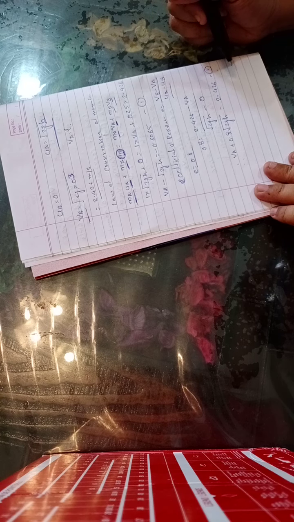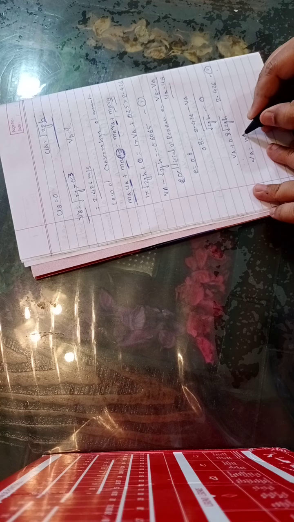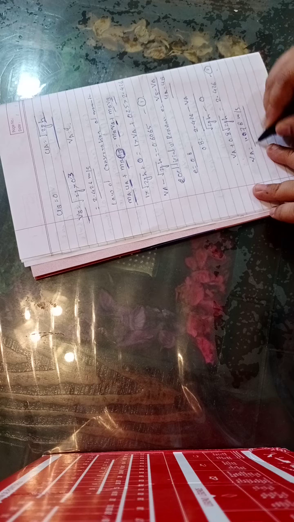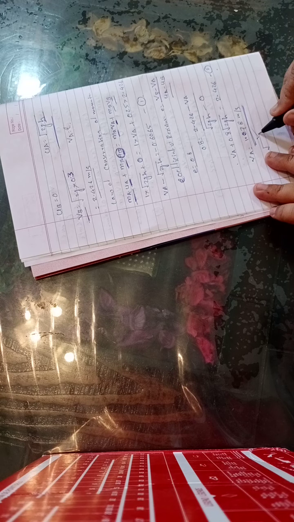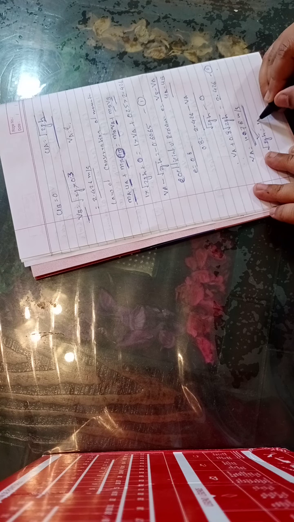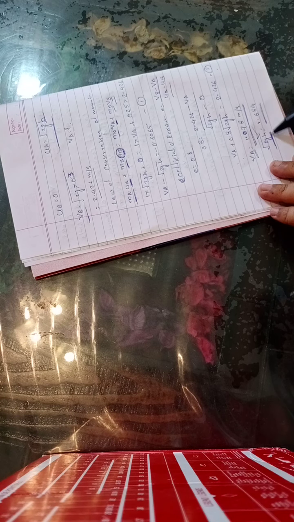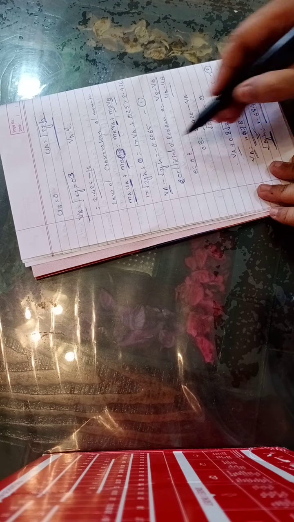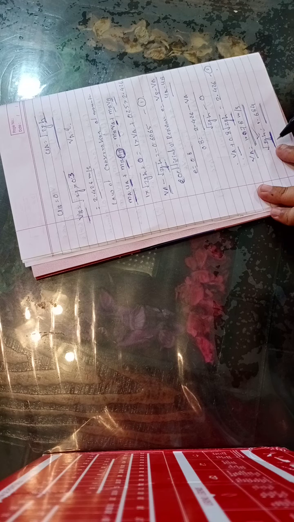When we solve these two equations, we get the value of VA equal to 1.078 meter per second, and we also get the value of under root 2gh equal to 1.684. So we have two values, VA and under root 2gh, and under root 2gh is equal to 1.684.